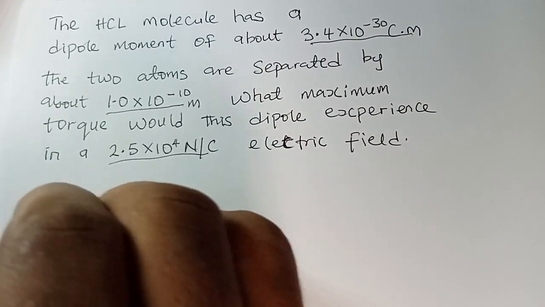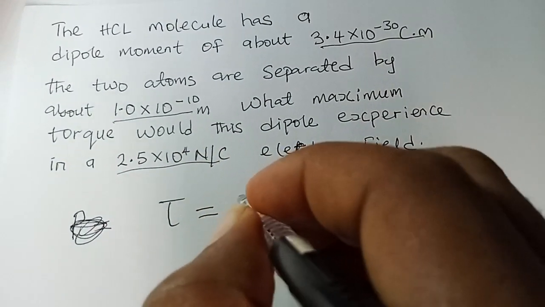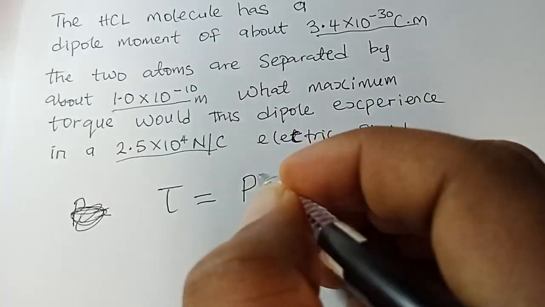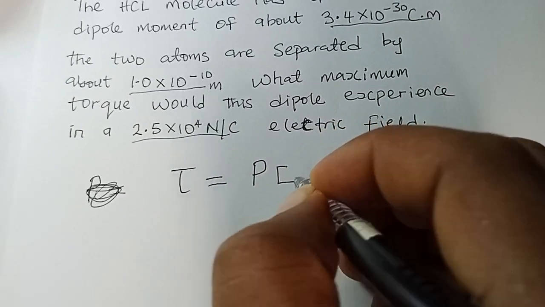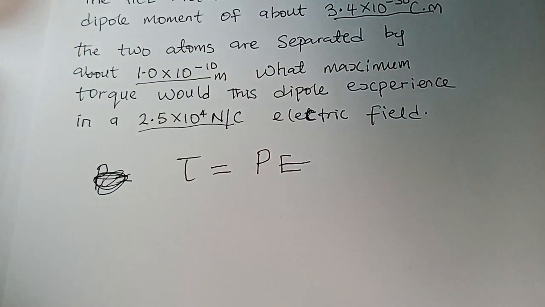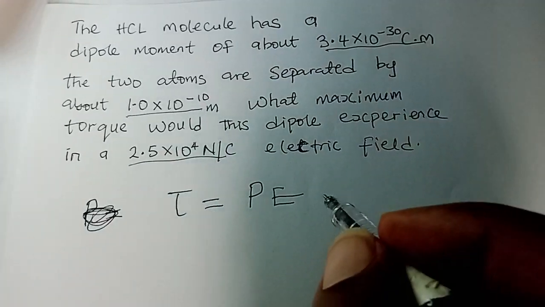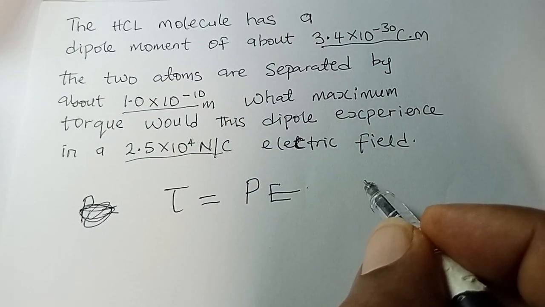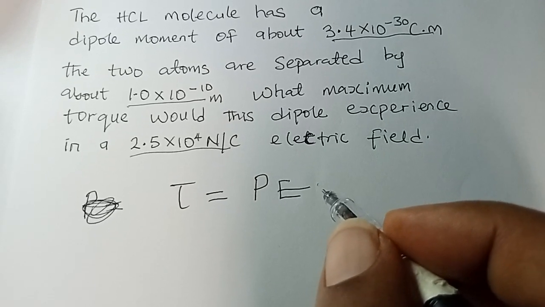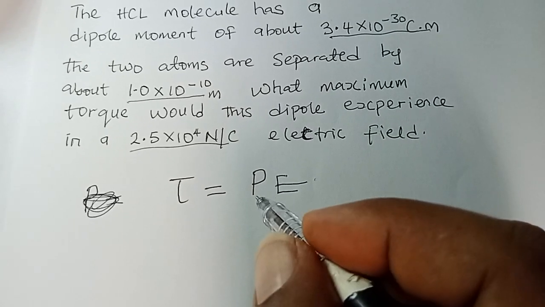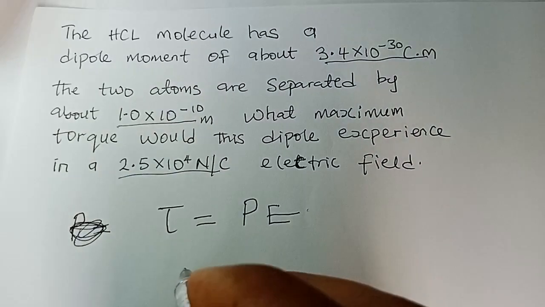The maximum torque is equal to the dipole moment multiplied by the electric field. If the torque is not maximum, then we put sine theta, which is when the dipole is at an angle. But to get the maximum torque, we just multiply the dipole moment by the electric field.